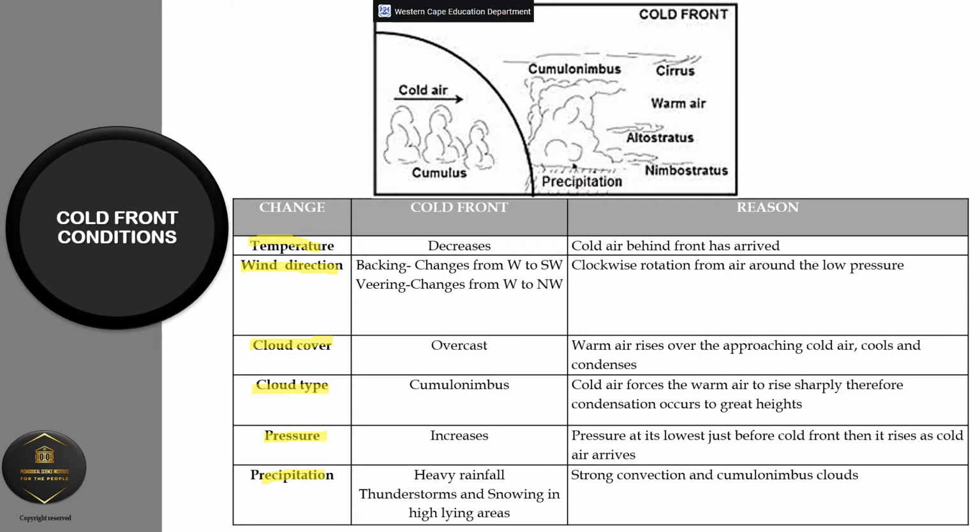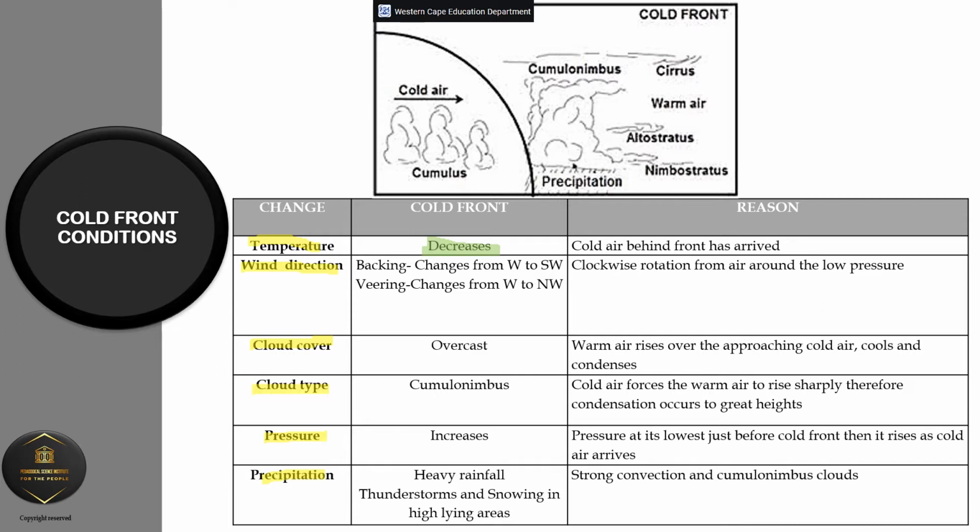Now, when a cold front approaches, what happens to the temperature? The temperature will decrease. Why does the temperature decrease? Simply because, remember, we said the warm air will rise rapidly, and when it rises rapidly, it will cool down and form clouds, cumulonimbus clouds, and these clouds are associated with severe thunderstorms and rainfall.